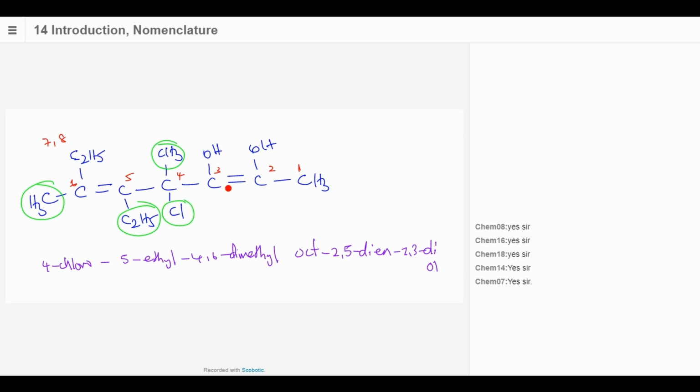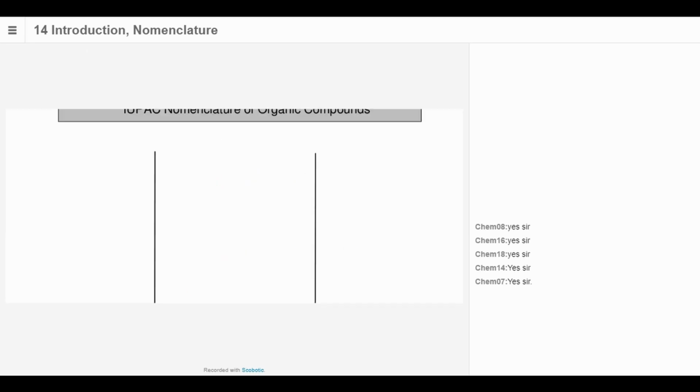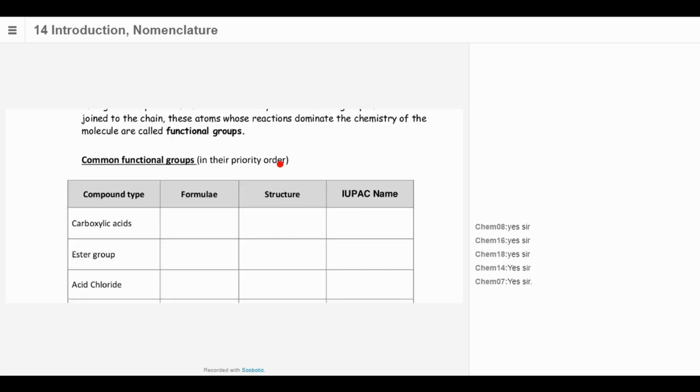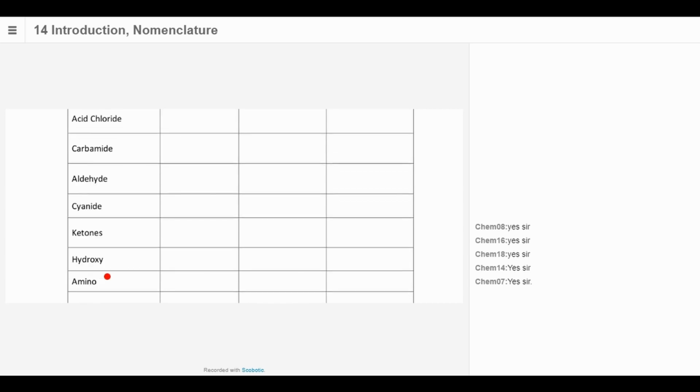Now, in the previous lesson, I explained the functional groups in priority order. If you remember, on the first or second page, you will see the list of the functional groups, right? In that it says priority order. That means the top ones have a greater priority compared to the bottom ones.